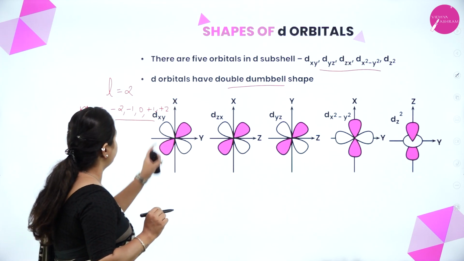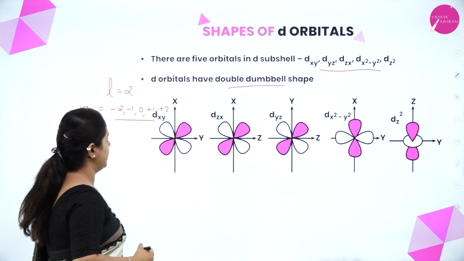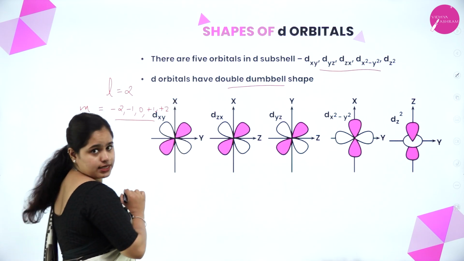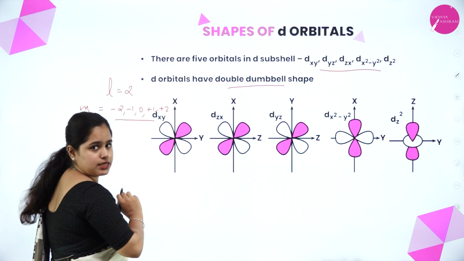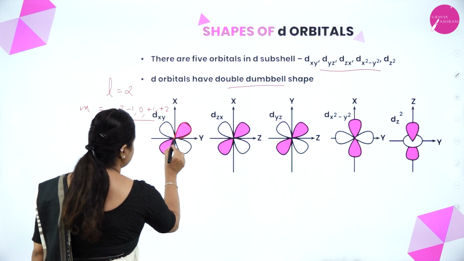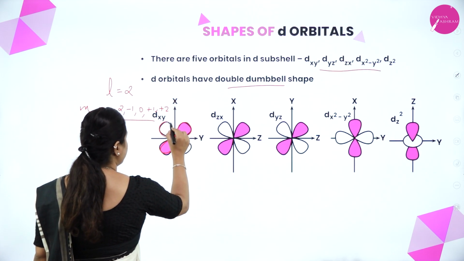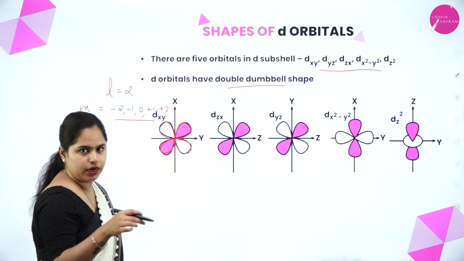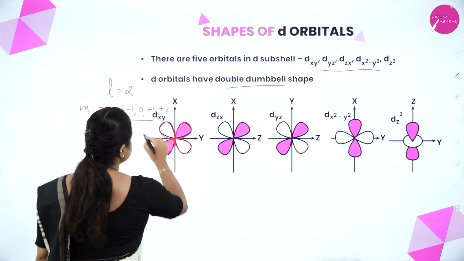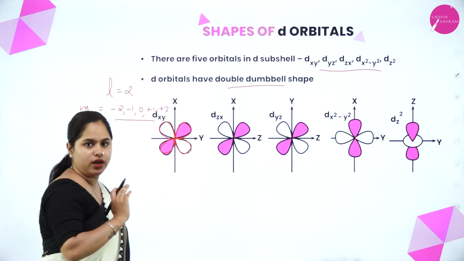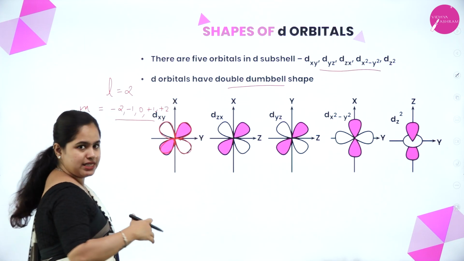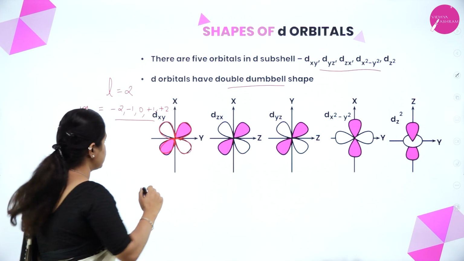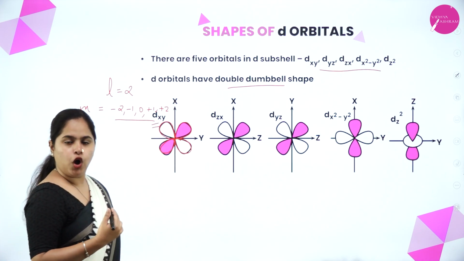Okay. Now, the first diagram you can see here. This is the x-axis, and if this is the y-axis, one dumbbell is present in this direction and another dumbbell is in this direction. So you can see dumbbell. And then it is in between the x and y axis. When the two dumbbells are in between x and y axis, we get dxy orbital.